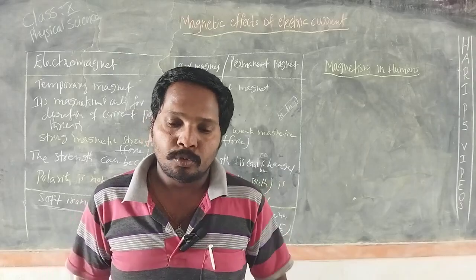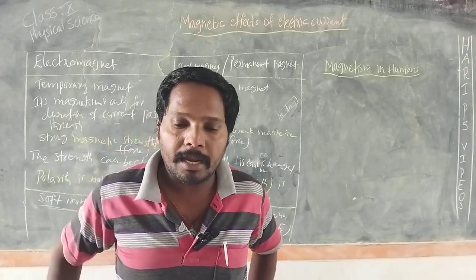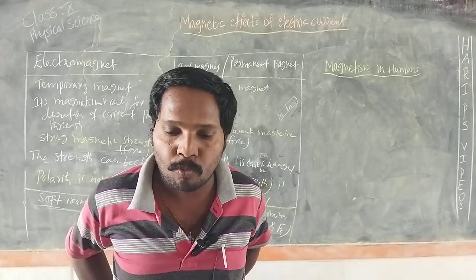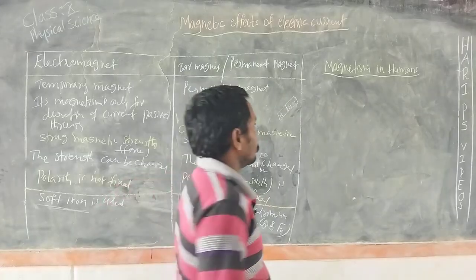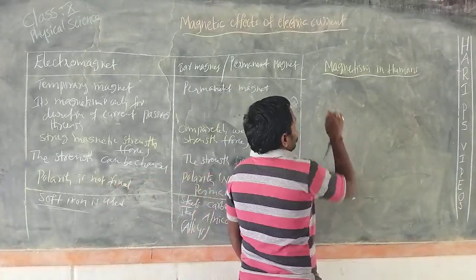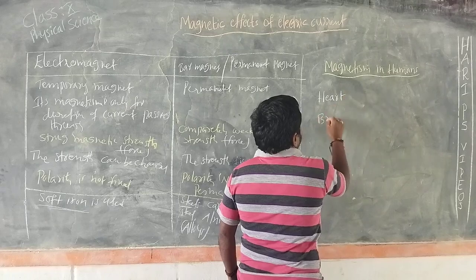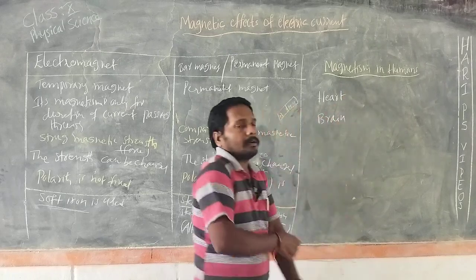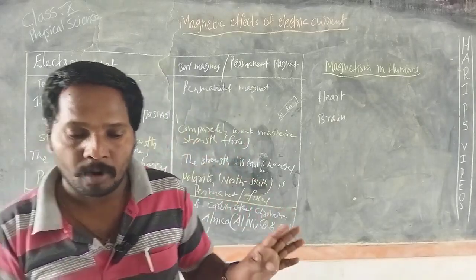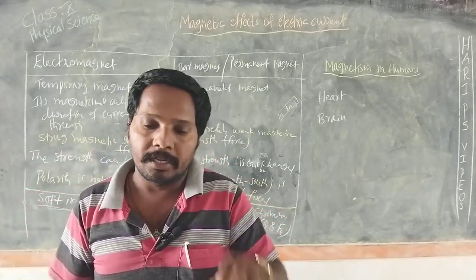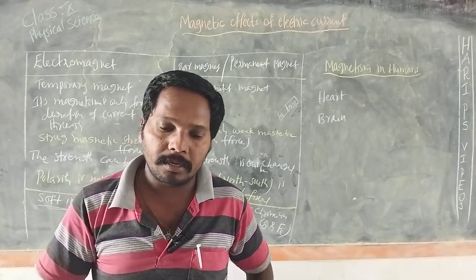The two main organs of the human body where the magnetic field produced is quite significant are the heart and the brain.